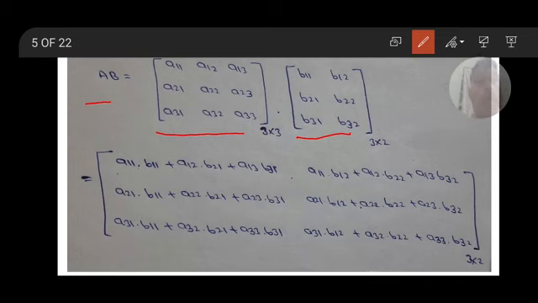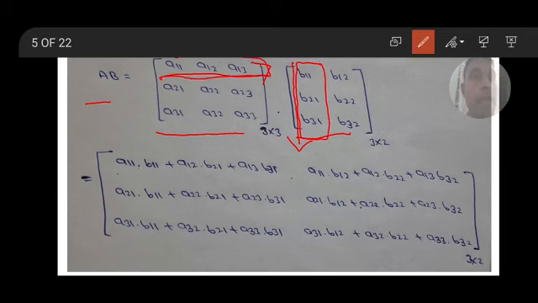First we take the first row of the first matrix, that is A11, A12, A13, and the first column of the second matrix, B11, B21, B31.